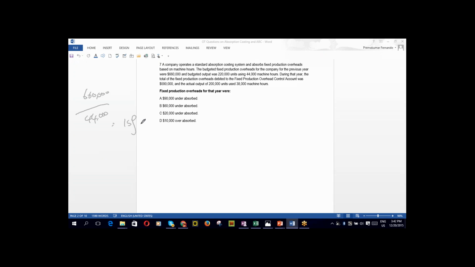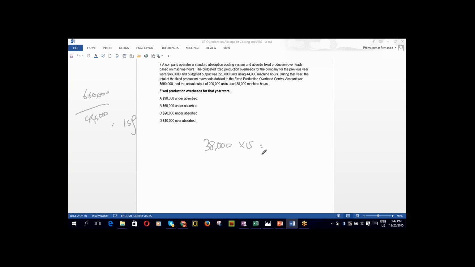During the year, total fixed overhead debited to the fixed control account was 590,000. And the actual output was 200,000 using 38,000 machine hours. So 38,000 machine hours is the actual use at the rate of 15.